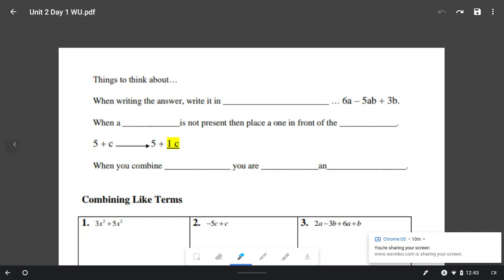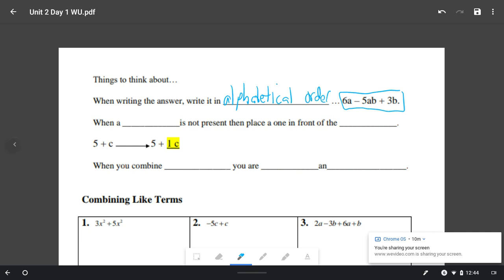Okay, so it says when writing the answer, if we combine like terms, we need to make sure that we write in a specific order. In that order, if we take a look at this on the right side here, it's actually always going to be alphabetical in the end. So we write all my A's, then my B's, then my C's, and then so on and so forth.